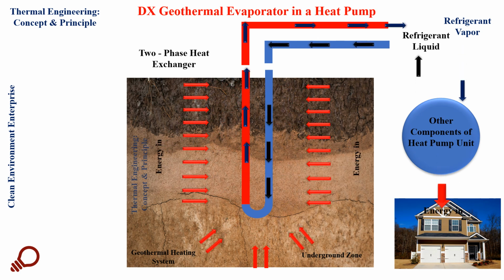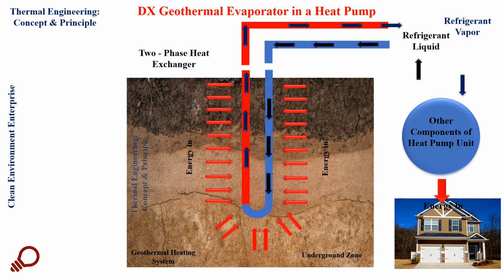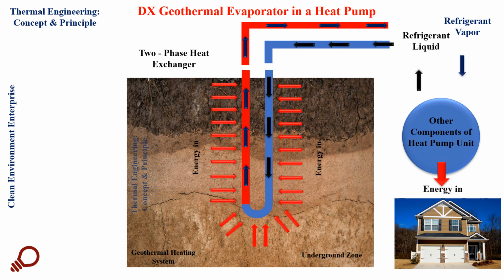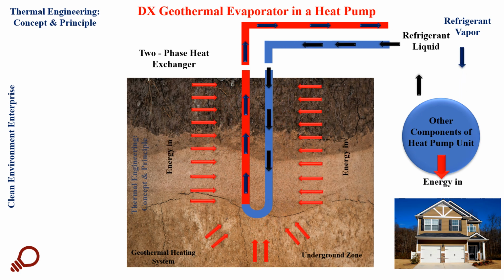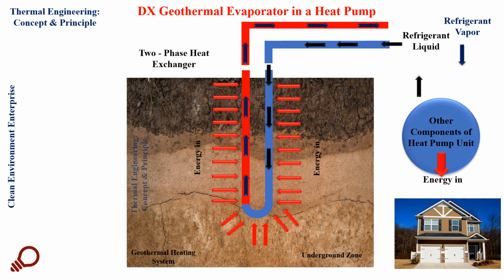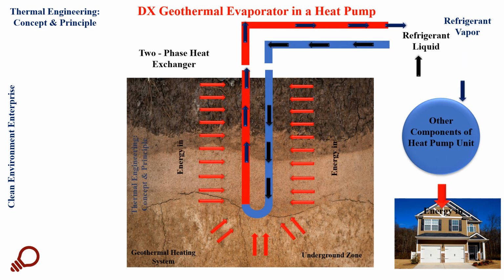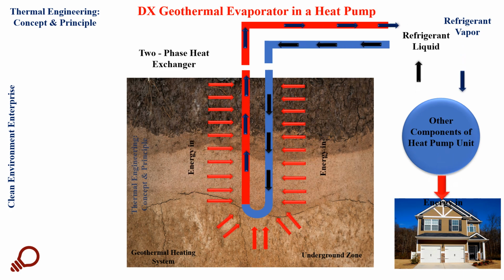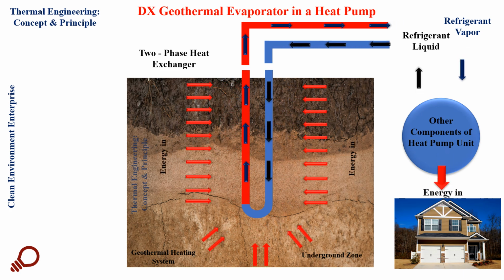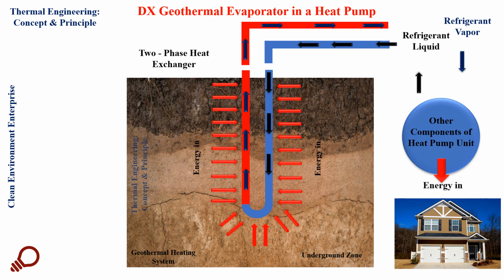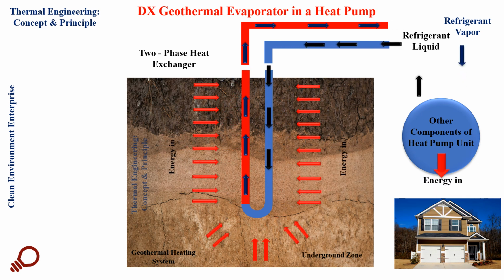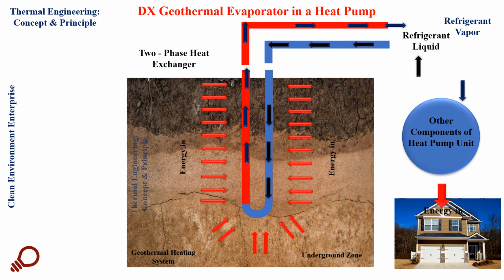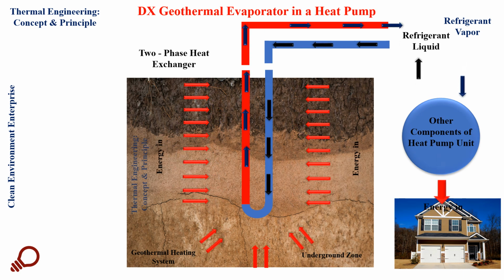But for the evaporator, we will have the underground heat exchanger or the borehole heat exchanger. So the liquid, after leaving the other parts of the heat pump, enters the heat exchanger through the blue part of the U-tube in the ground, and it extracts energy from the ground, then it is heated up and then evaporated.